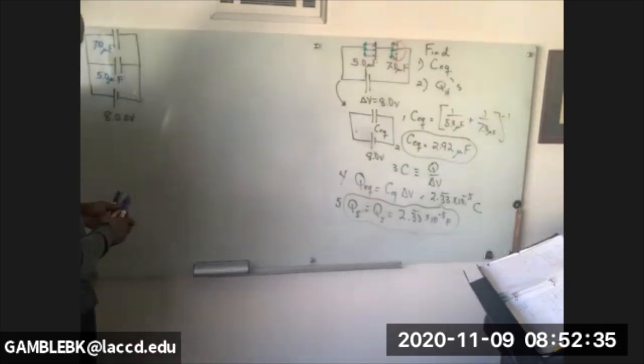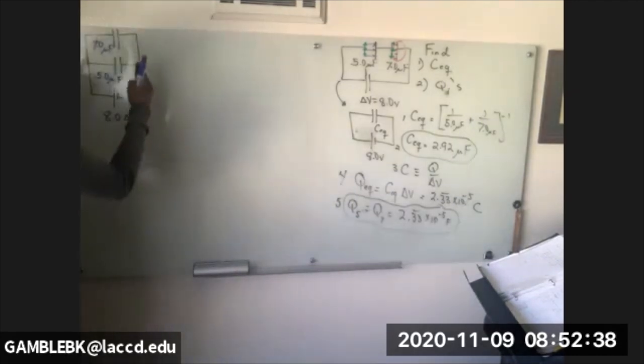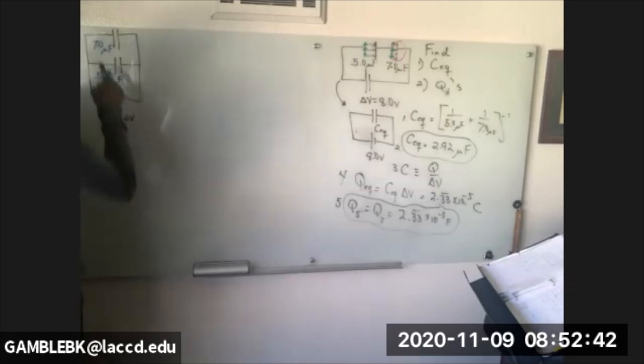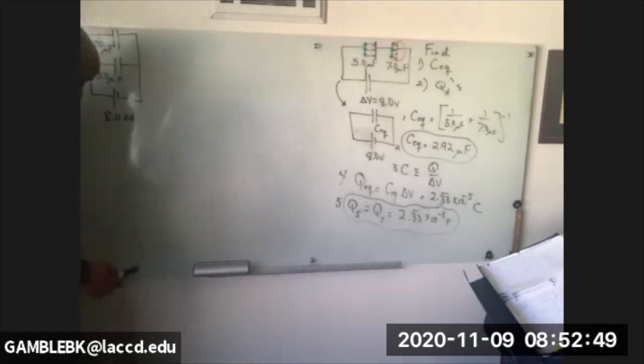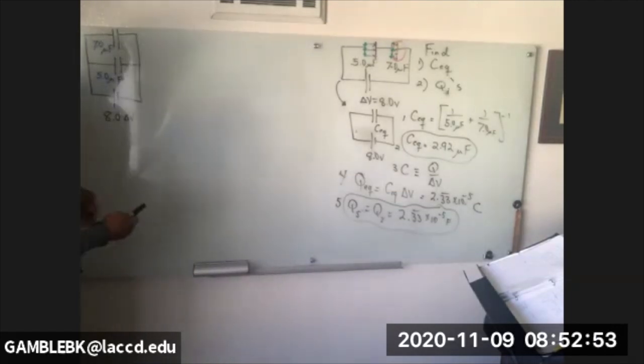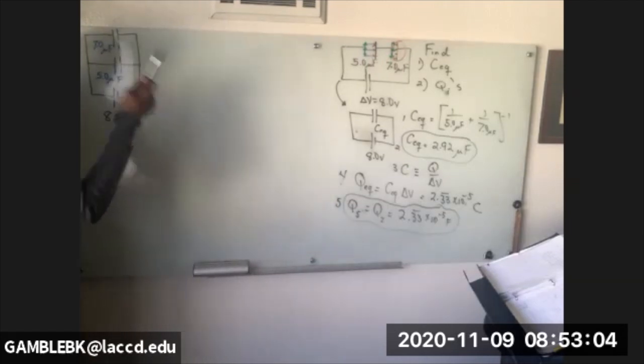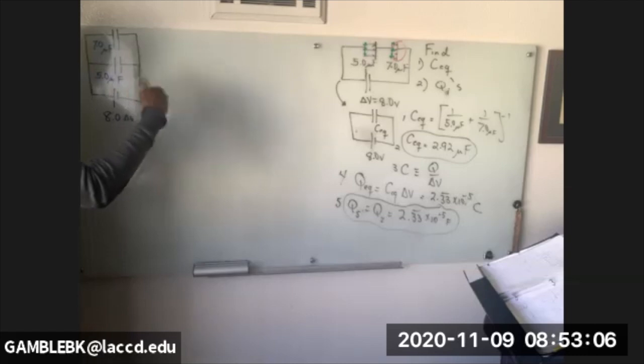Okay, so remember the rules. Voltage is going to be the same. Right off the bat, the voltage across this guy is 8 volts. You can calculate it, you could actually get the charge, but I'll do that first just to keep consistent with what we did before. It's just as easy, the capacitance just adds, right?